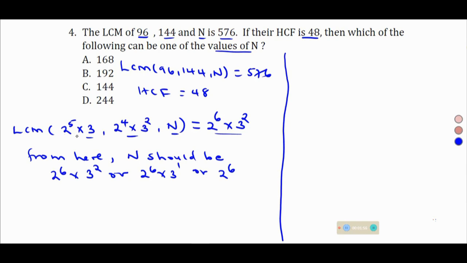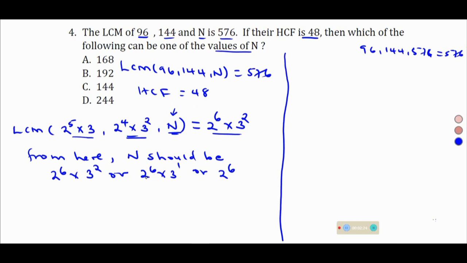We need that the LCM of this one and this is actually 576. So n can take up different values. For example, 2 to power 6 times 3 to power 2, that is simply 576. Because if you have 96, 144, and 576, the LCM of this will still remain 576.